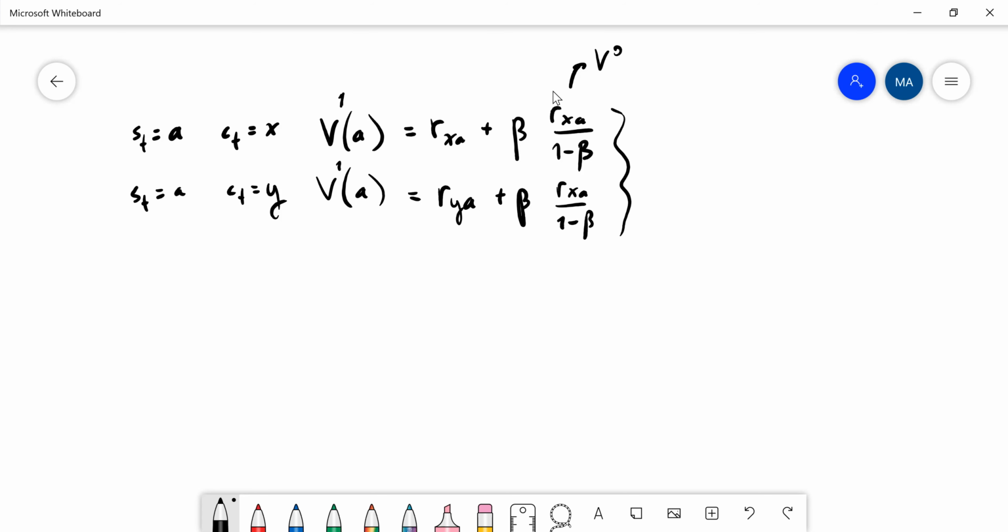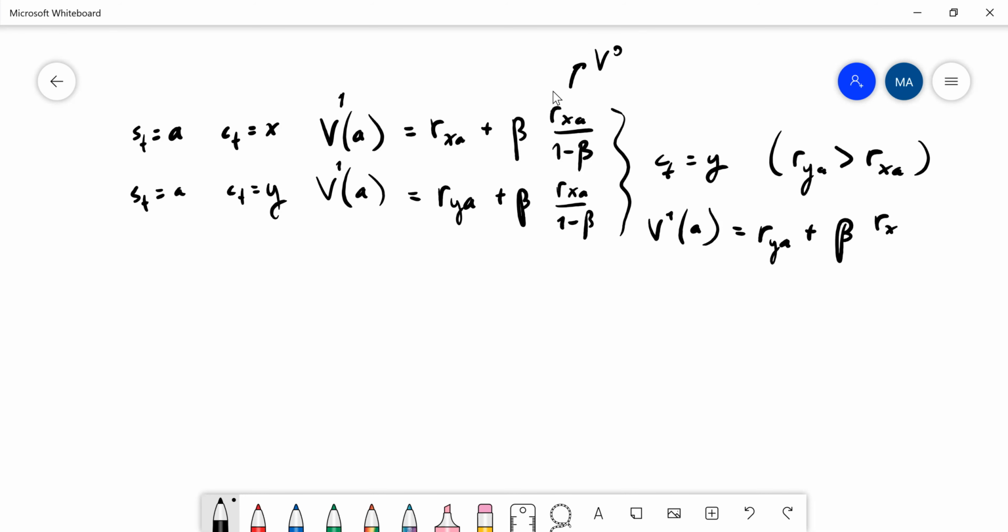You're going to find that C_t must be equal to Y because we assume that R_YA is greater than R_XA. Then your V1A will be equal to what? R_YA plus beta R_XA over 1 minus beta, okay?